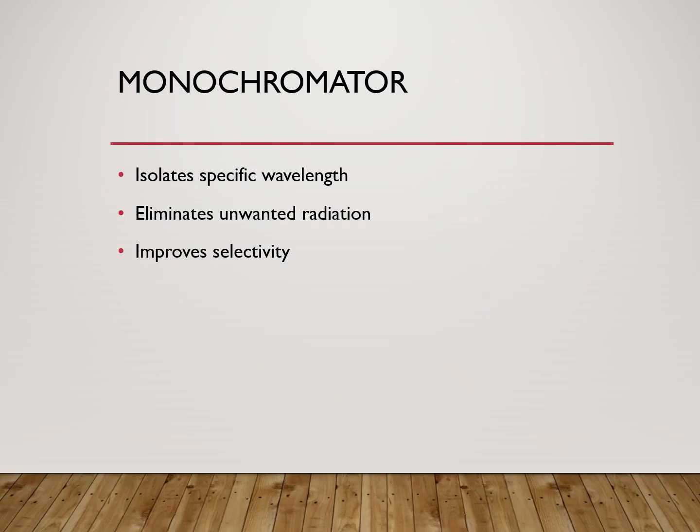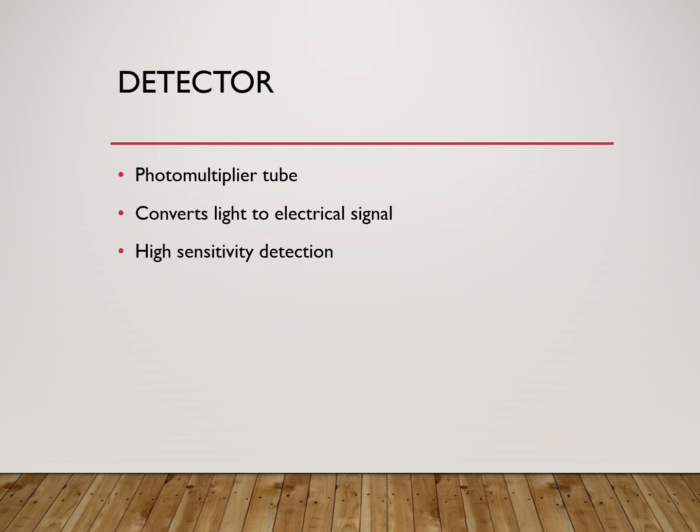Now the monochromator isolates the desired analytical wavelength and removes unwanted radiation. This improves selectivity and reduces spectral interference. The detector, usually a photomultiplier tube, converts the transmitted radiation into an electrical signal.